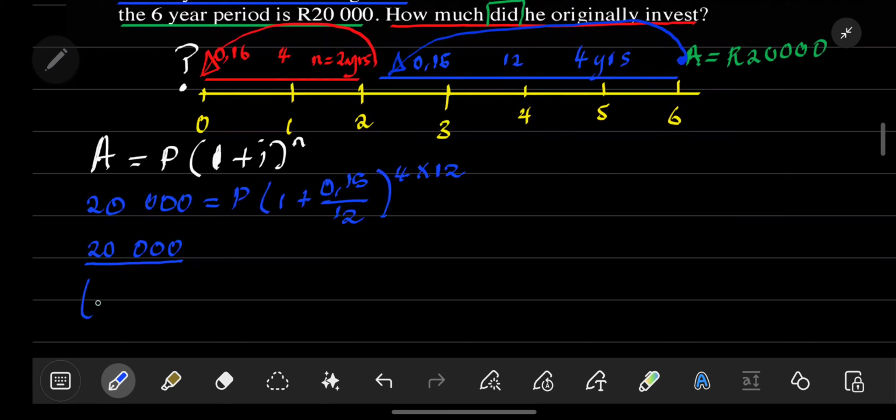All divided by 1 plus 0,15 all divided by 12, close the bracket, and 4 times 12, it is 48, right? This 4 times 12. Then this side you will remain with P.